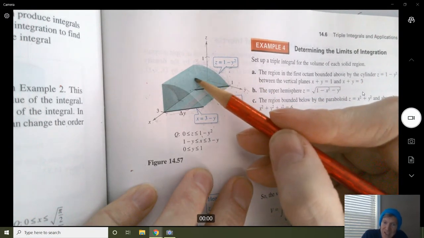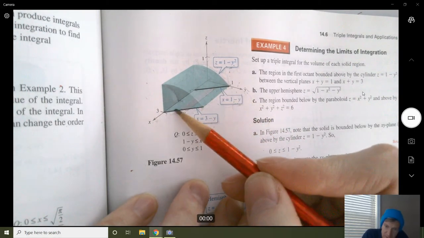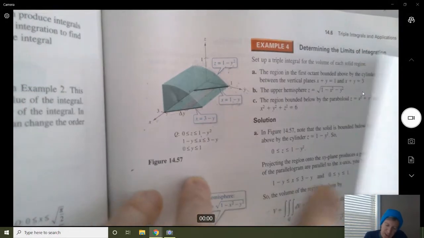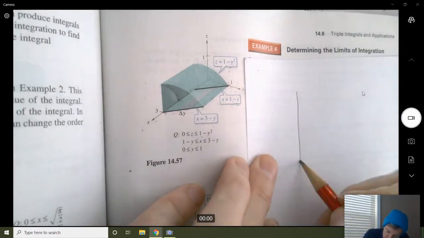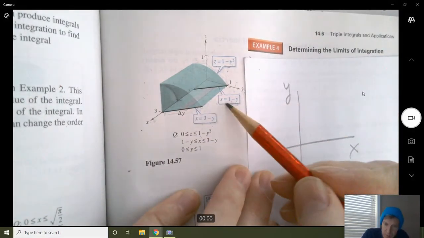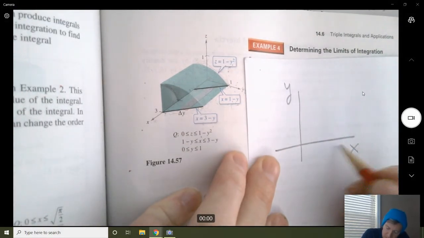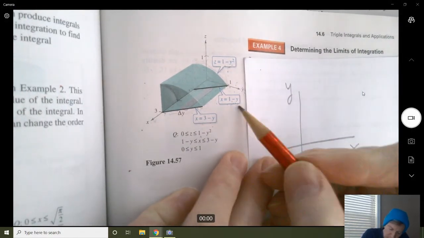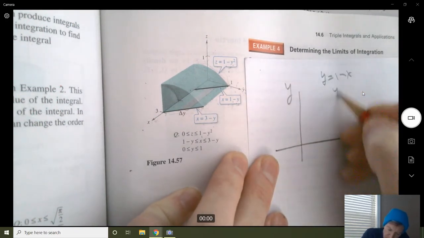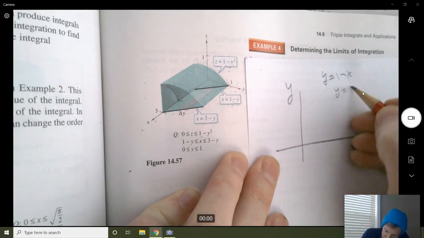And when you project that down to the xy plane, now you've got this thing right here. I will always draw this in the xy plane. So I'm going to graph x equals 1 minus y and x equals 3 minus y. Actually, solving these for y, it's y equals 1 minus x and y equals 3 minus x.